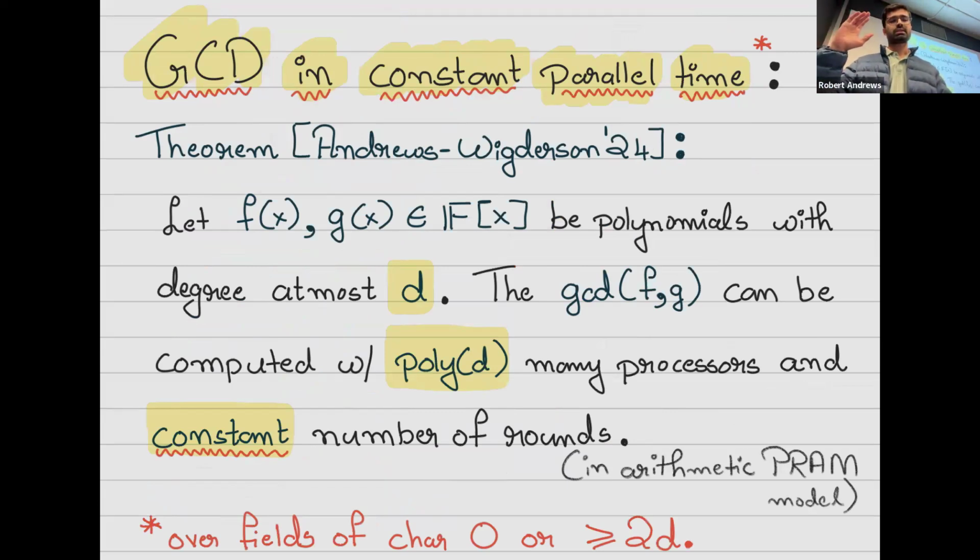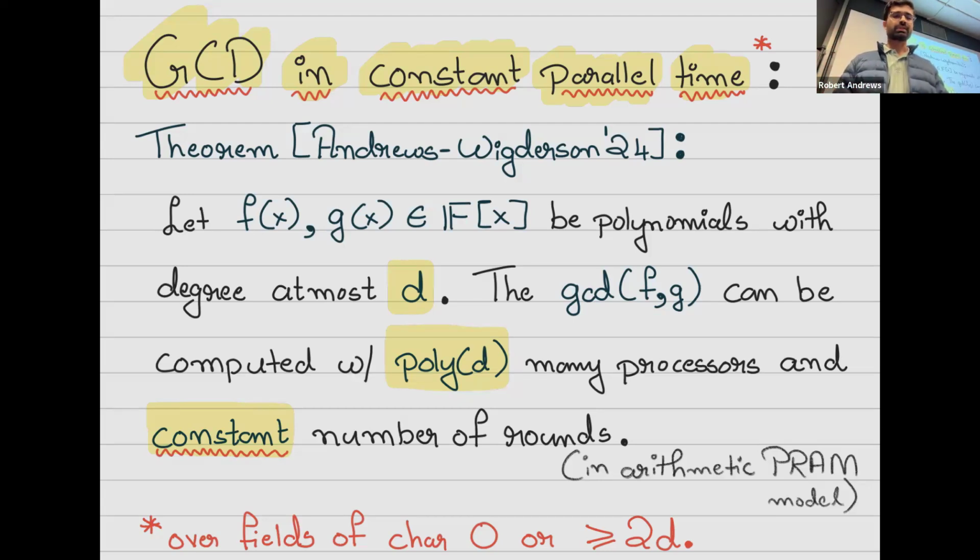The emphasis on constant is important. The degree could be huge, like 100, 1,000, whatever, but the number of rounds is constant. It doesn't depend on the degree at all. If you contrast this with the earlier algorithm we saw, this seems quite surprising. There is something interesting happening here.